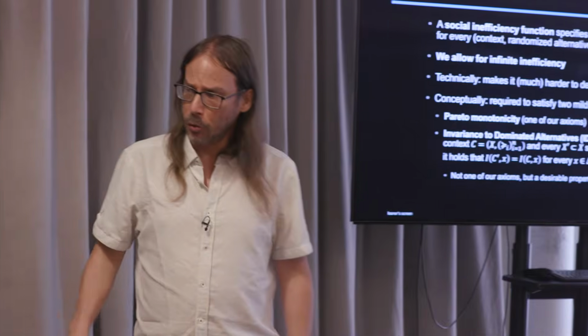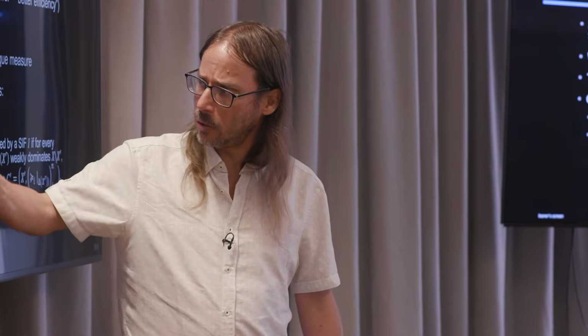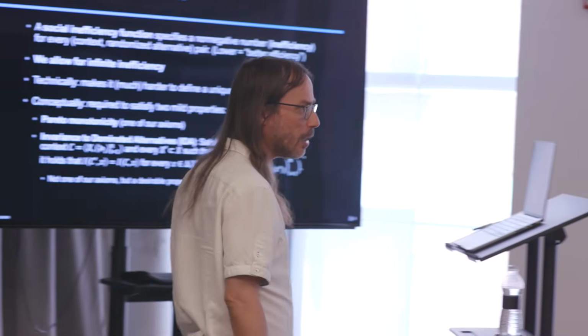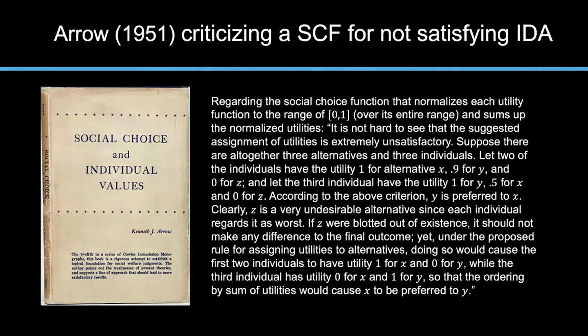I'm now going to prove to you, and this is going to be the only proof we're going to see today, that these two together imply that you must allow for infinite inefficiency. I should note, we can skip this, but Arrow already, back in 1951, criticized a specific social choice function that normalizes each utility function to the range of 0, 1 and then adds them up.